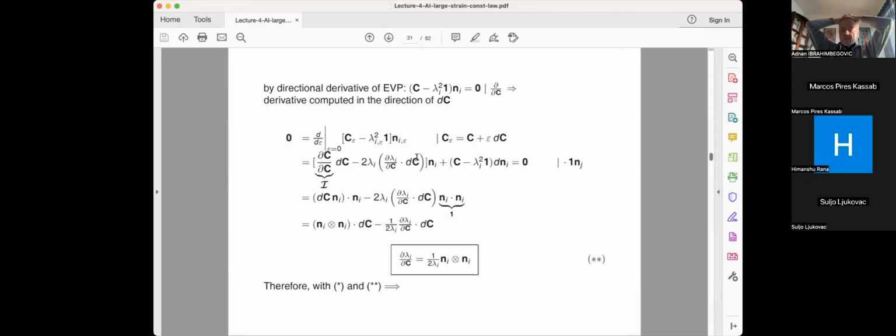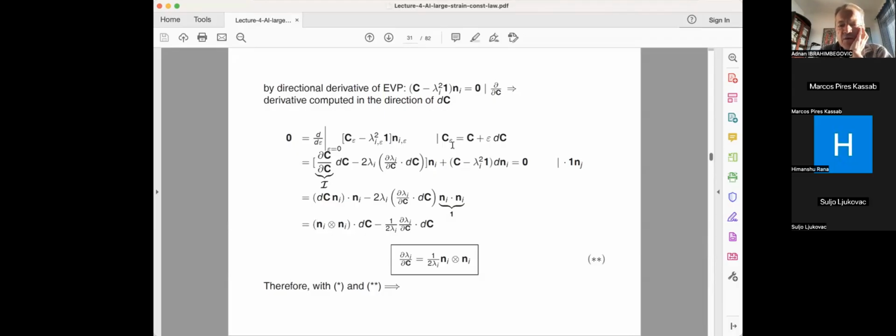Well, I go back to the eigenvalue problem: (C minus lambda I squared times identity) times N I is equal to 0. Then I take a directional derivative in the direction dC. That means my perturbation is C with small index epsilon. This is not strain, this is just a small parameter epsilon. Sorry about this notation, but there are only so many letters.